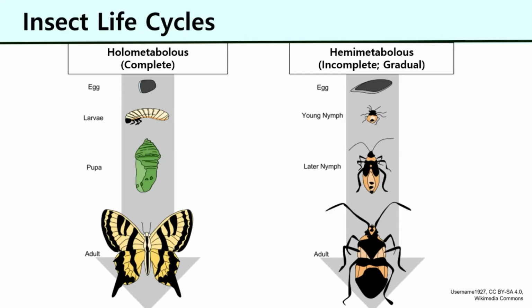They have typically several nymphal or immature stages as they grow bigger and bigger and bigger, molting as they reach their adult stage. So just important things to note. We'll reference this throughout today. And then you can know if the immature stage of this group of insects is going to be a larva or if it's going to be a nymph. So a smaller version typically of what that adult will look like.